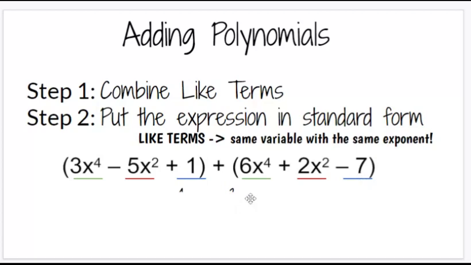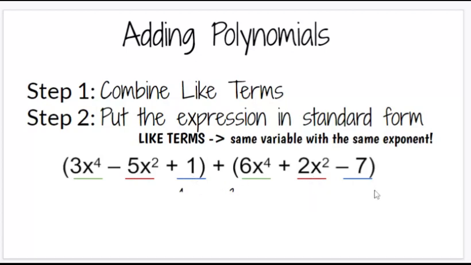So the first thing I need to do is combine these like terms. I want to take 3x to the 4th plus 6x to the 4th. Well, 3x to the 4th and 6x to the 4th makes 9x to the 4th power. Negative 5x squared, I want to combine with 2x squared, which would give me negative 3x squared.